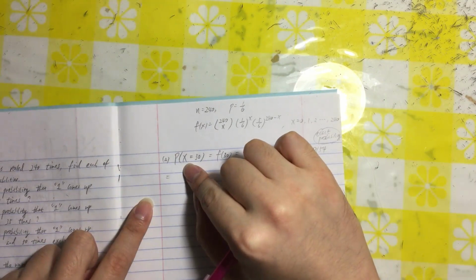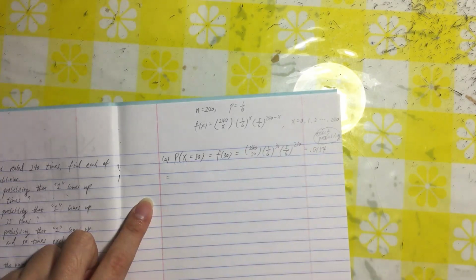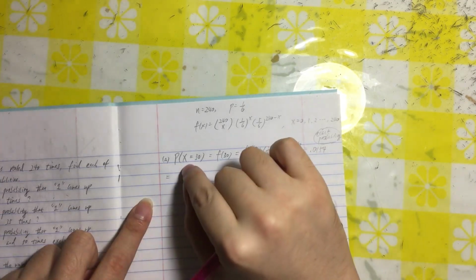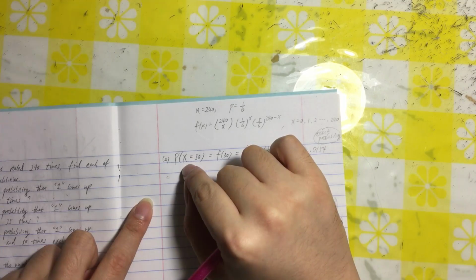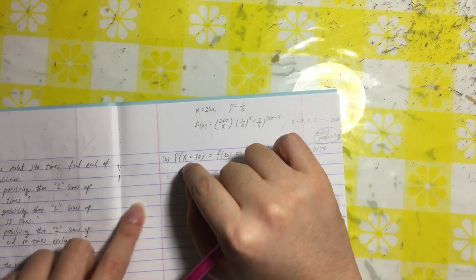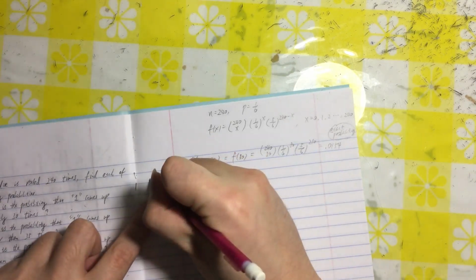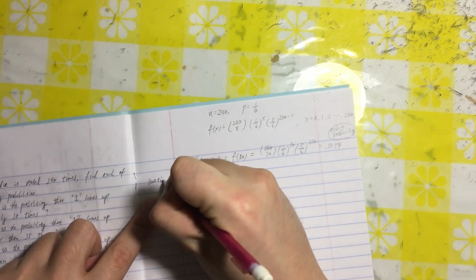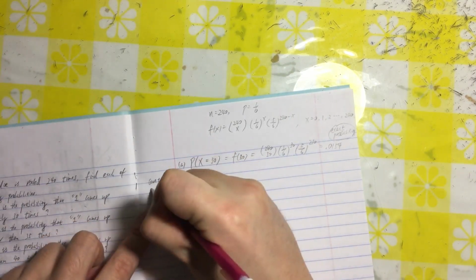Since x is a discrete random variable, when we use normal approximation, we need to apply half unit continuity correction.